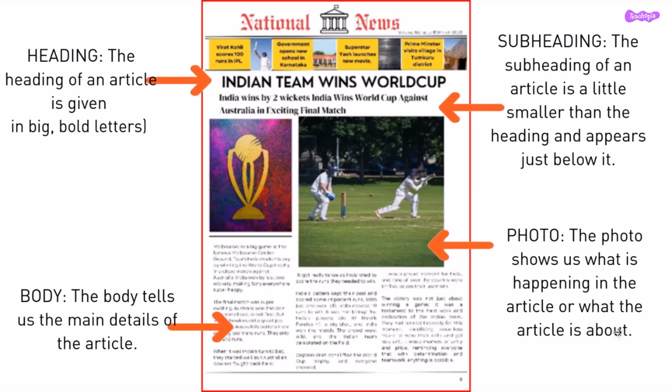Then we have the photo. The photo shows us what is happening in the article or what the article is all about. And finally, we have the body, which tells us the main details of the article. So this can be read out to our learners by showing the sample of the newspaper.